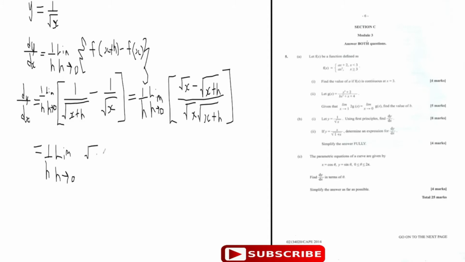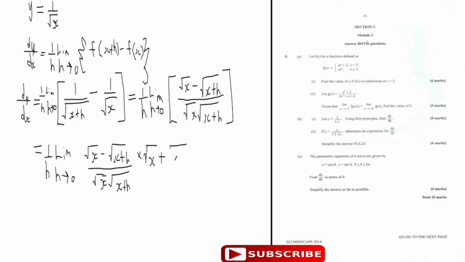So write root x minus the root of x plus h over root x times root x plus h, and that is multiplied by the root of x plus the root of x plus h.